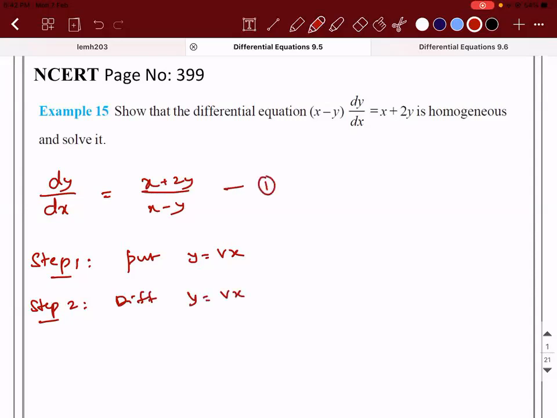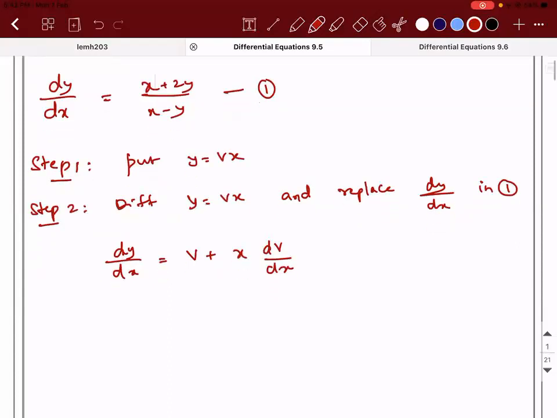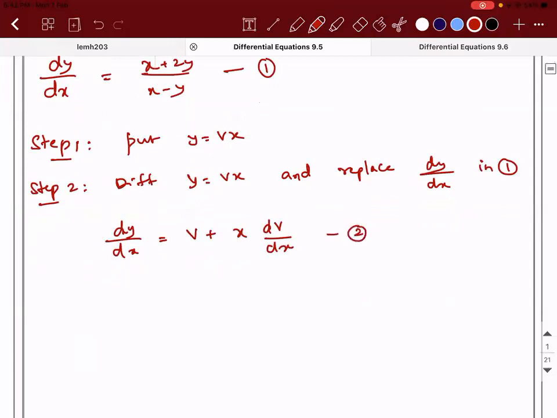So take the equation as 1 and replace dy by dx in 1. So dy by dx will be equal to v plus x into dv by dx. So I applied the UV rule here. v plus x into dv by dx. Let me call this 2.